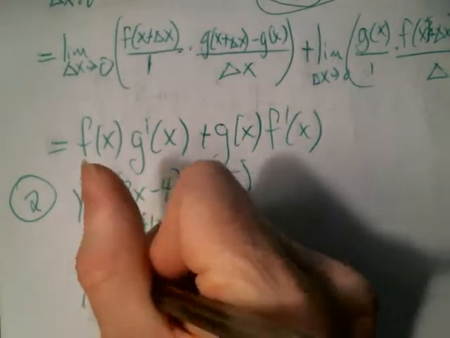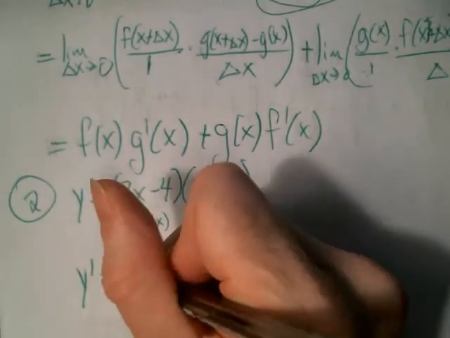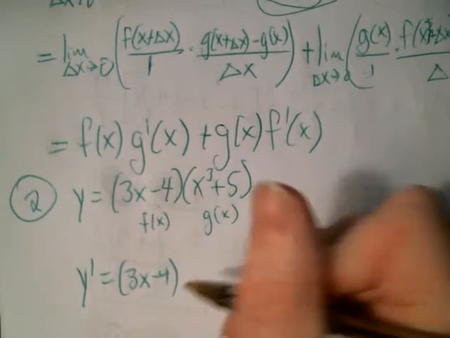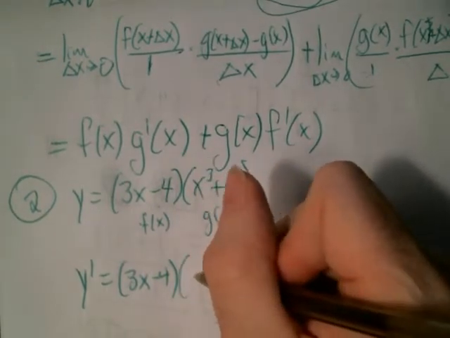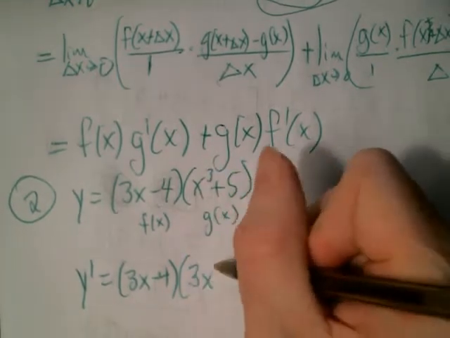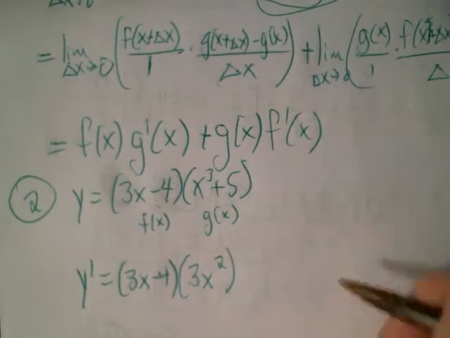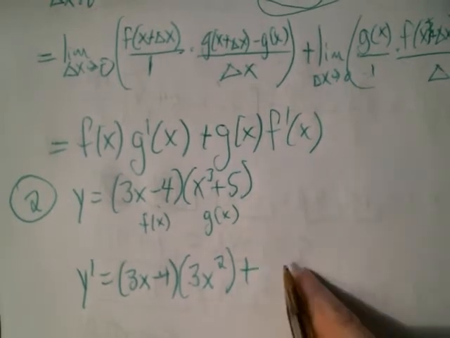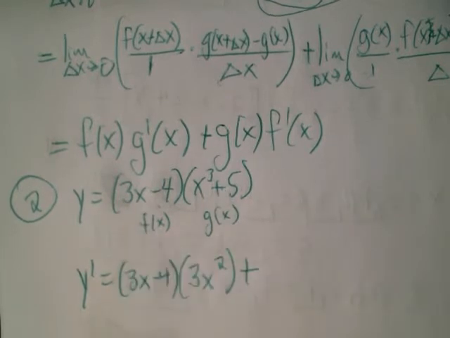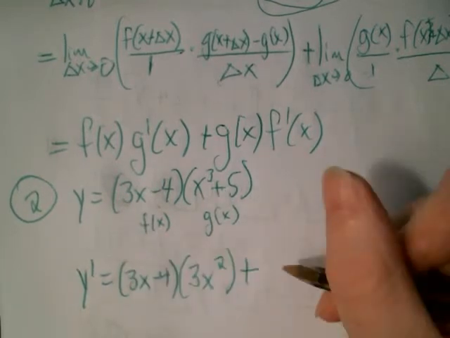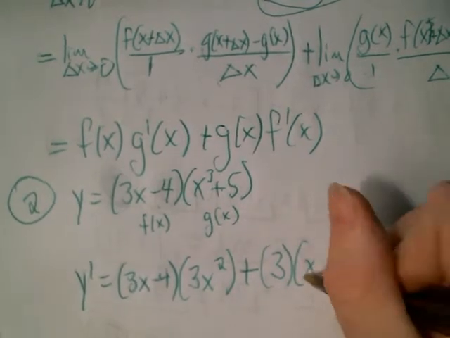Okay, so y prime, you kind of think of it as leave this guy alone. So you have 3x minus 4. And then take the derivative of this part. So the derivative of x cubed, bring down the 3. x to the 3 minus 1 is 2. Derivative of 5 is 0. Plus, now I leave this guy alone and take the derivative of this guy. So the derivative of this guy is just 3, and then leave the g of x alone.